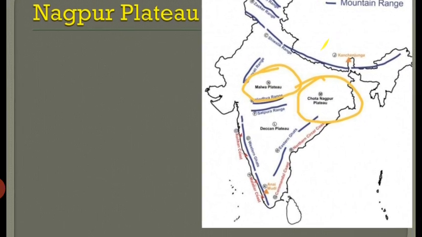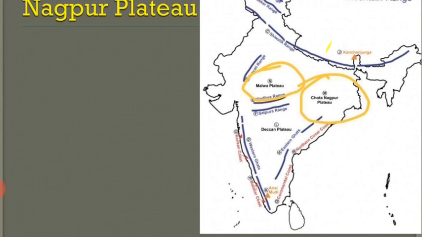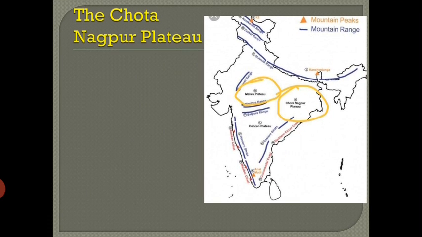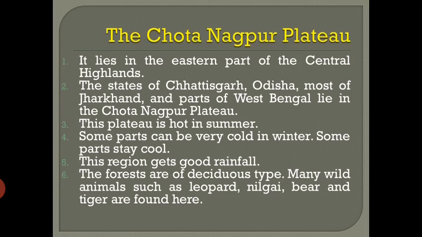Look at this, the Chota Nagpur plateau's map. We can see here the Malwa Plateau and Chota Nagpur. This is Chota Nagpur, and it lies in the eastern part of the Central Highlands. The states of Chhattisgarh, Odisha, most of Jharkhand, and parts of West Bengal lie in the Chota Nagpur Plateau.